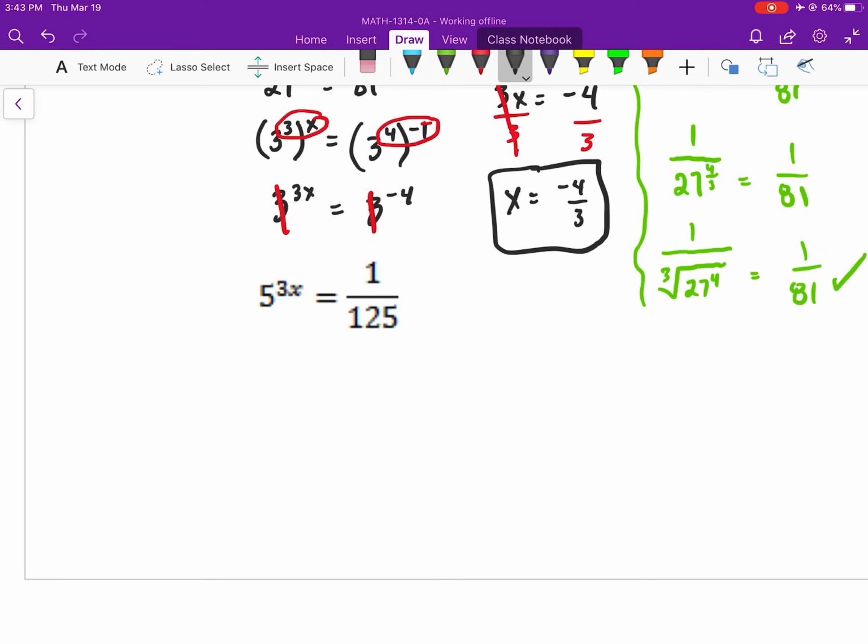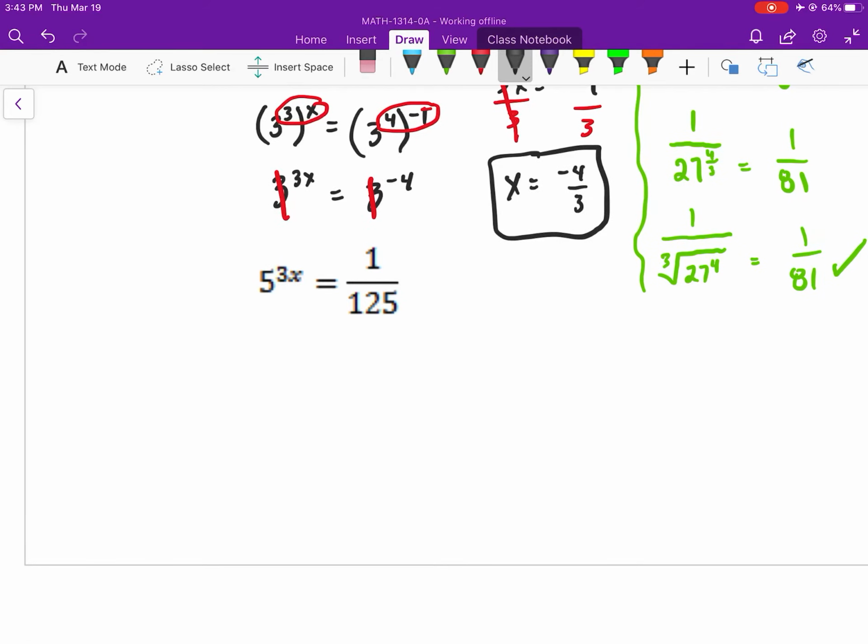Next one down here. We have 5 to the 3x power equals 1 over 125. Again, I see that fraction right there. Let's get rid of it. So we have 5 to the 3x power equals 125 to the negative 1 power. Now we already have 5 over here, and we can't go any smaller than that.